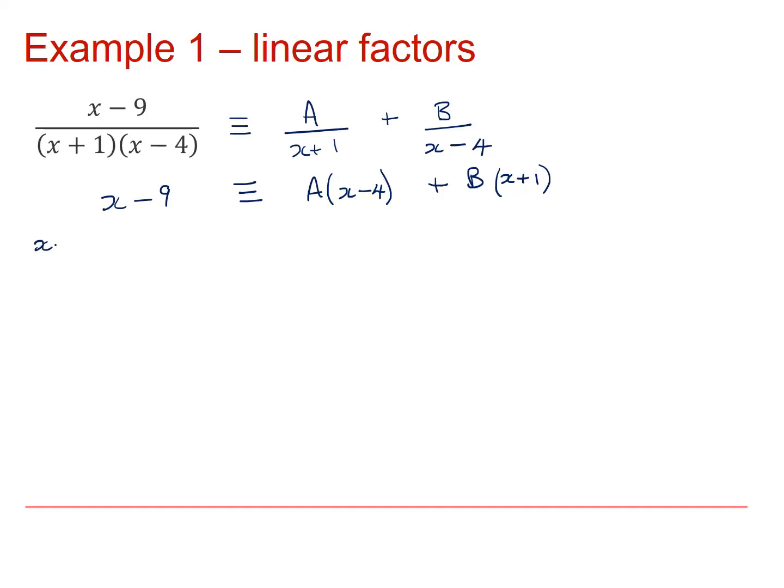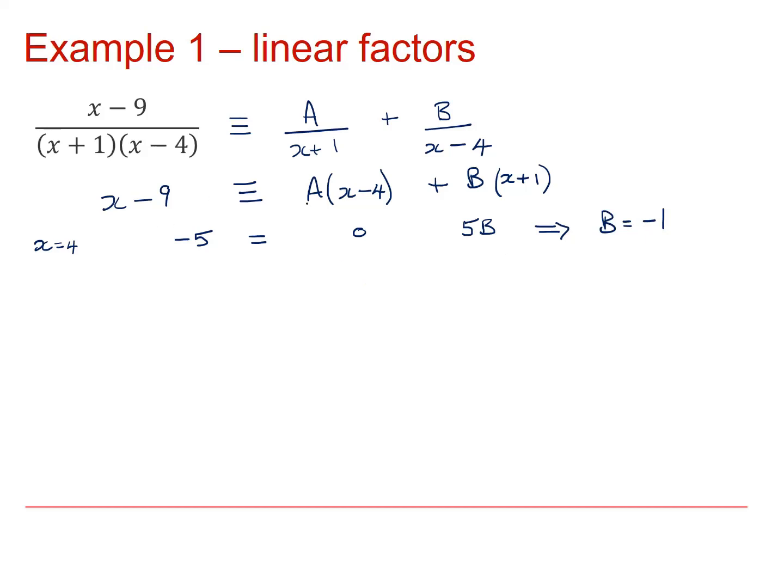So if I look at what happens when x equals 4, my left-hand side is just minus 5, and my right-hand side is 0 from this bit and 5b from here. So this means I must have that b is equal to minus 1.